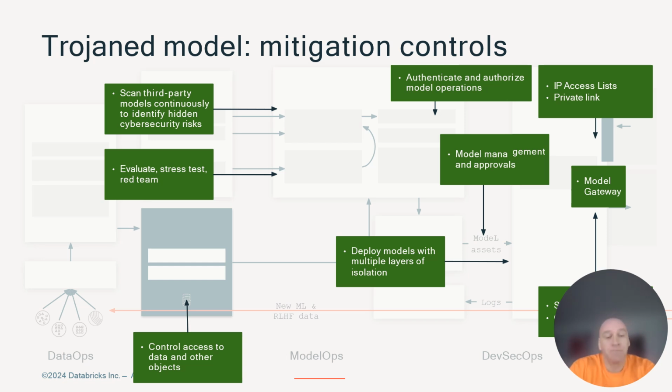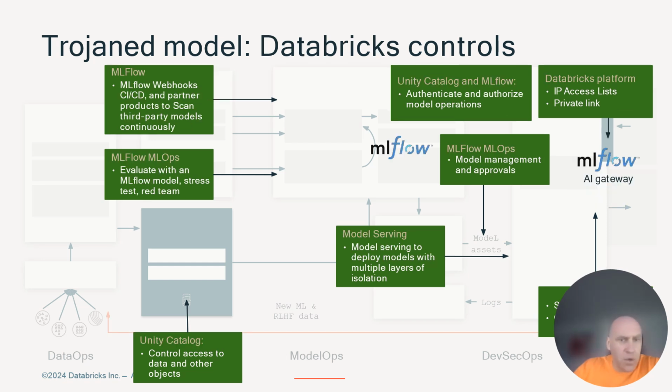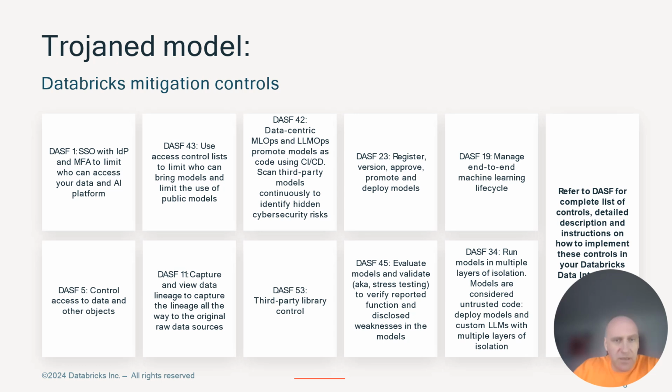So something for you guys to think about, but these are some of the main mitigation controls to prevent Trojan models in our environments and systems. And as I always show again, some of the controls that we can showcase from the Databricks platform itself, and the Databricks mitigation controls that you can deploy in the Databricks platform itself.